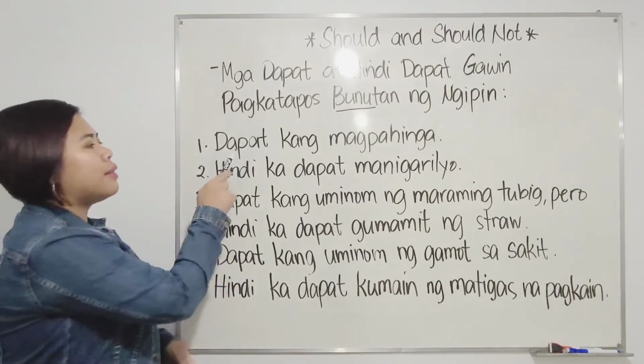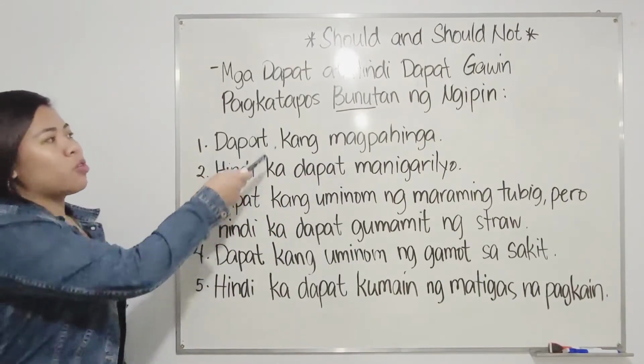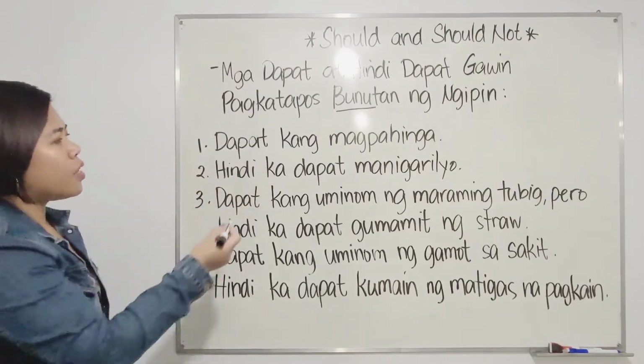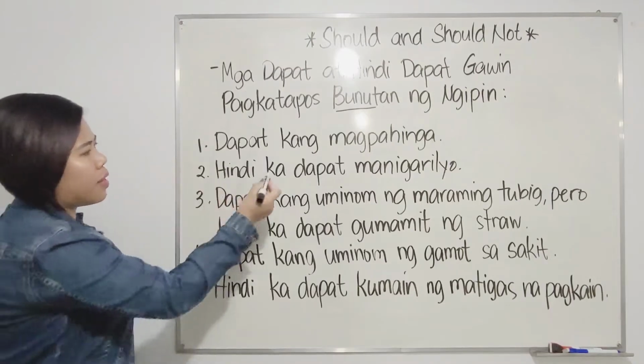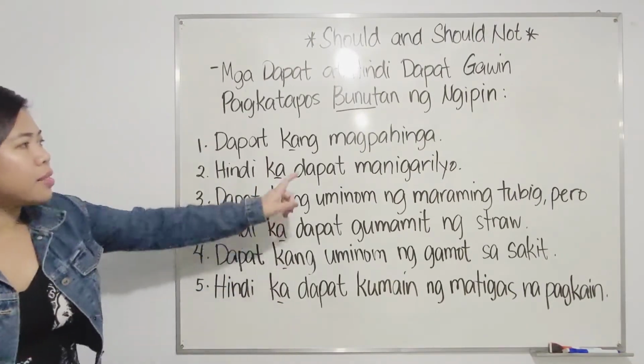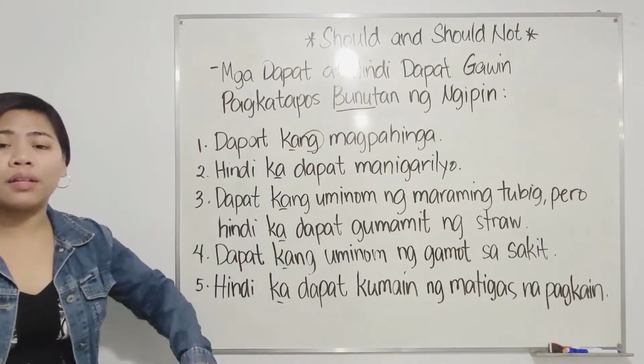Number 1, dapat kang magpahinga. Dapat, so should. Ka, if you notice, I used one subject for everything. So ka, though this ka here is with ng, it's just a connector.